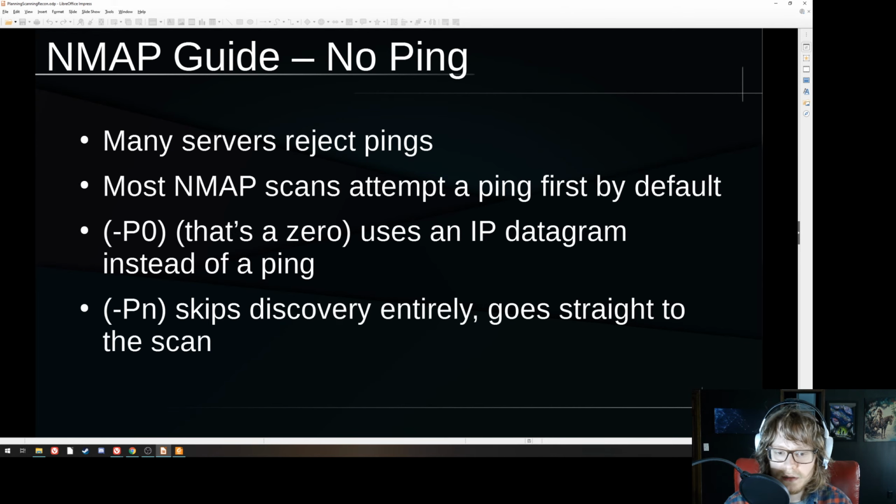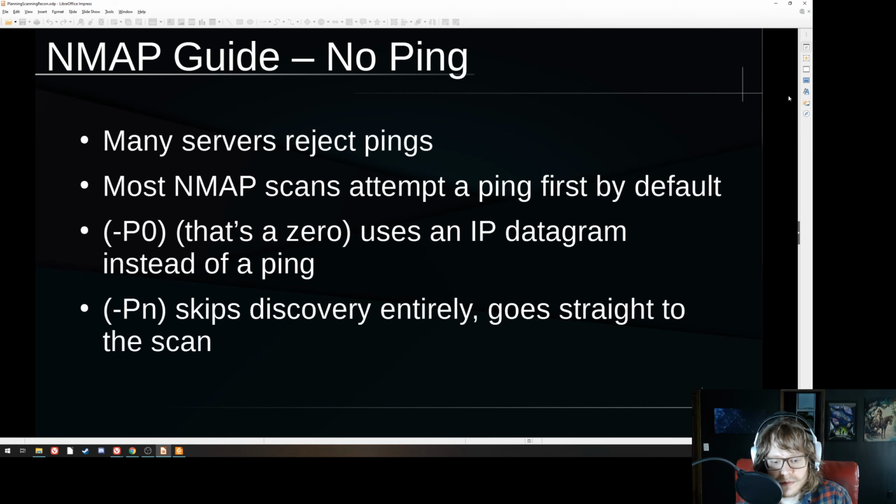So if you want to instead go forward with the scan regardless, you can use this -Pn option. That skips the discovery phase completely, so it doesn't send that ping. Or if you want to try to discover that machine using an IP datagram, so remember one layer down, we're just going to send them an IP datagram and see if they respond. Or if we get an ICMP unreachable message, then we use this P0 option instead.